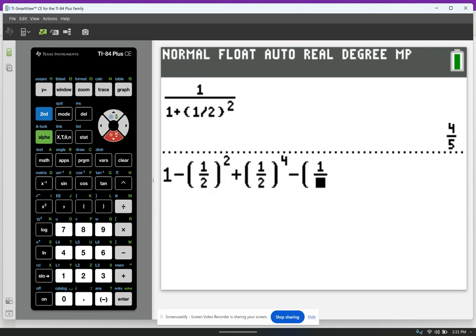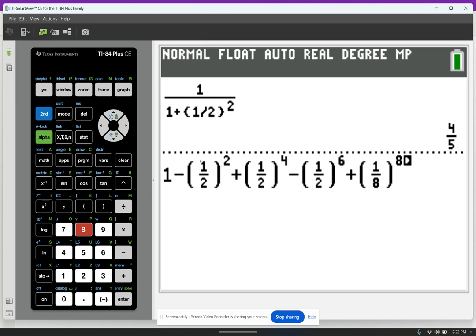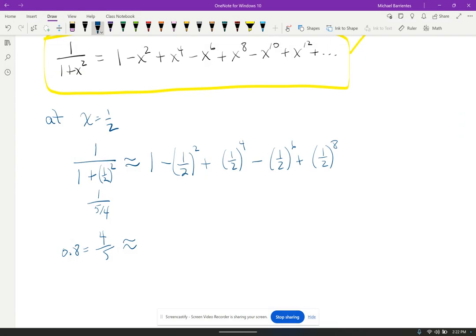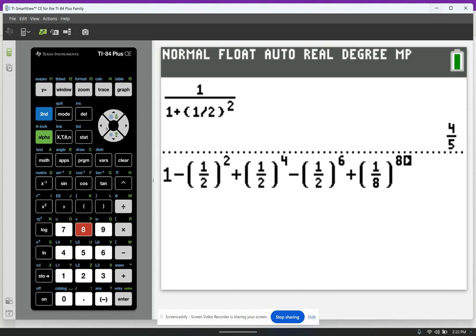And all I'm doing is substituting 1 half into my sequence, but I'm only going to use the first 5 terms. I can't use all terms because we don't have the time to add an infinite number of terms, but I can at least add the first 5 terms. And when I say add, this is a negative term, so I'm really subtracting it. So this setup that I have here, that's what I just put into my calculator. Oh, I did not put that into my calculator. My bad. 2. So I'm substituting 1 half wherever I see an x. I press enter, and I get this number.